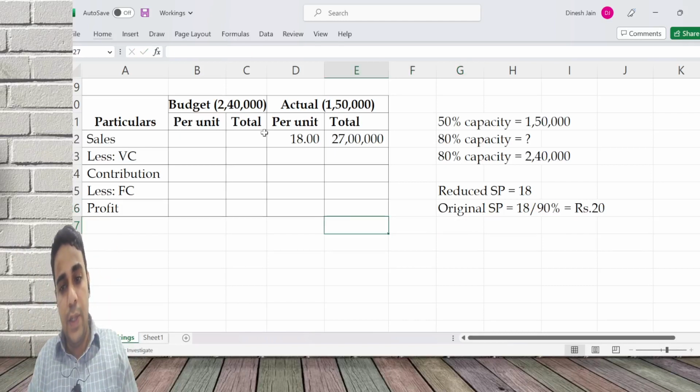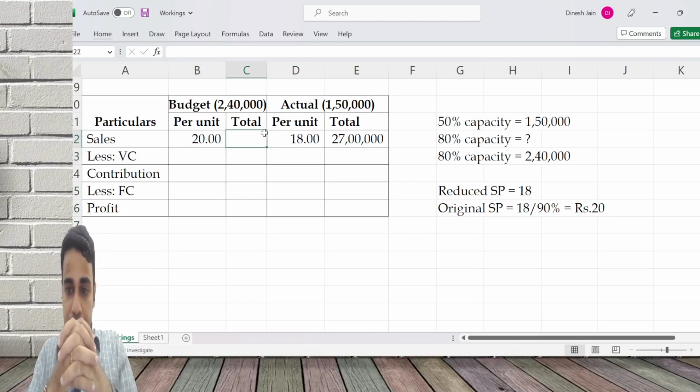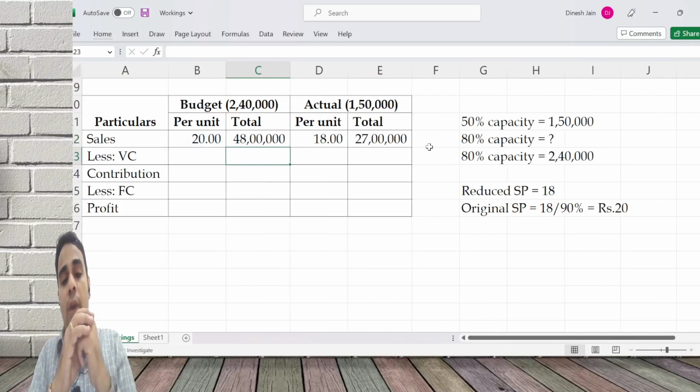Original is 20, reduced is 18. The budget is 2 lakh 40,000, so 20 into 2 lakh 40,000. We are just trying to capture whatever information is possible.